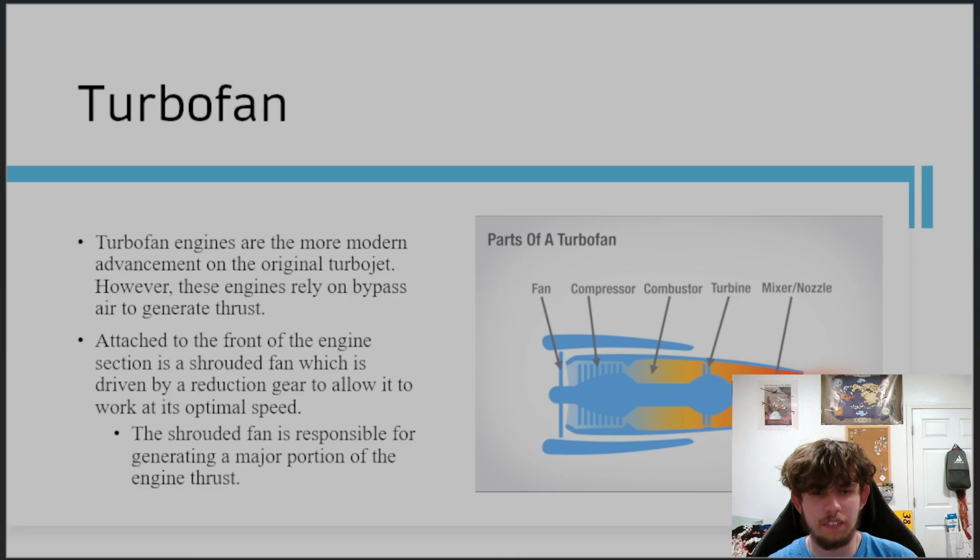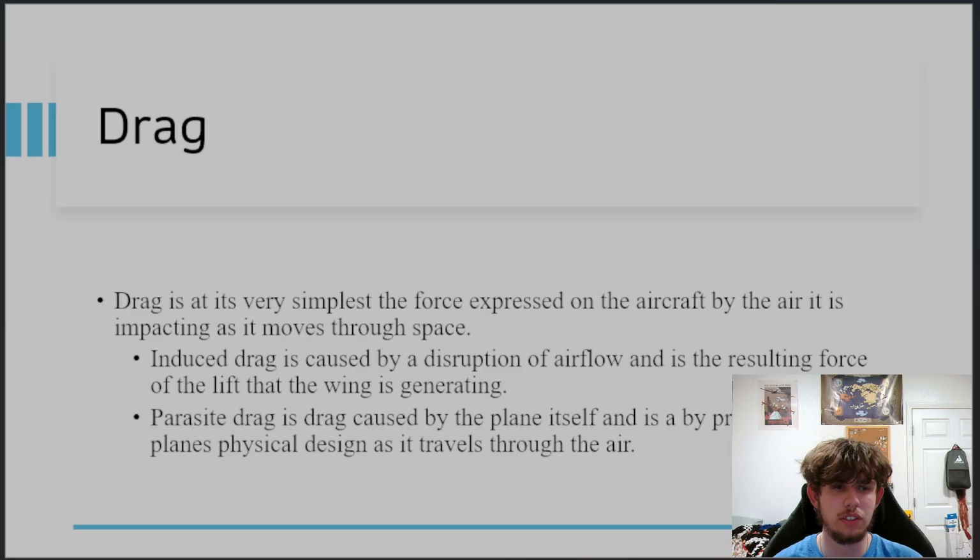Obviously, these engines are used to generate thrust, which counteracts drag. Drag is the opposing force to thrust, much like weight is the opposing force to lift. Induced drag and parasitic drag are the two main types of drag that affect an airframe, and it is a pain for designers all around the world trying to design aircraft how to try and overcome these two types of drag.